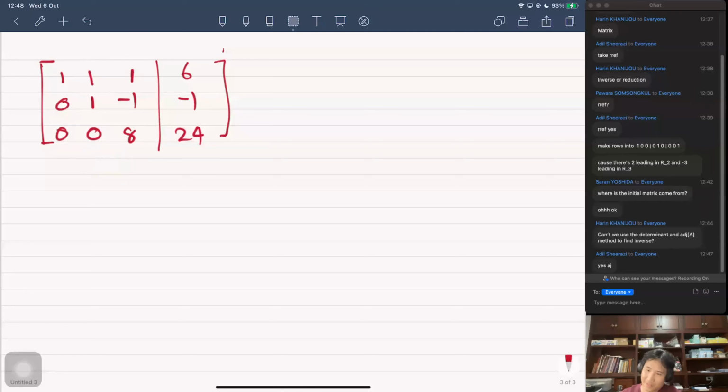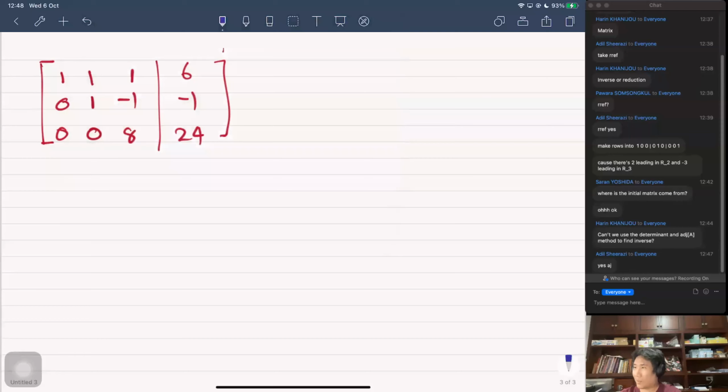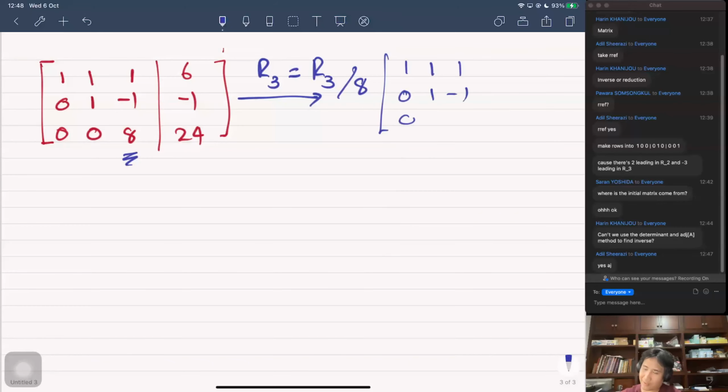We're going to start by, actually, we skipped this step all along. R3, maybe we want to normalize it to 1 first. R3 over 8, it's going to become 1, 1, 1, 0, 1, minus 1, and 0, 0, 1, and then you can have 3, minus 1 and 6.